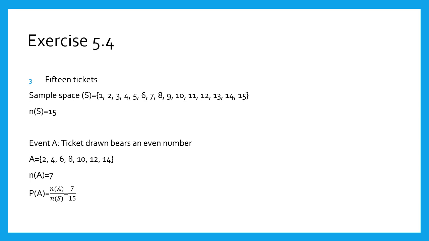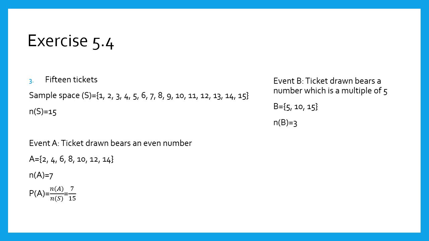Next event B. Ticket drawn bears a number which is a multiple of 5. Multiple of 5 means the number should be from table of 5. Thus we get B = {5, 10, 15} and n(B) = 3.